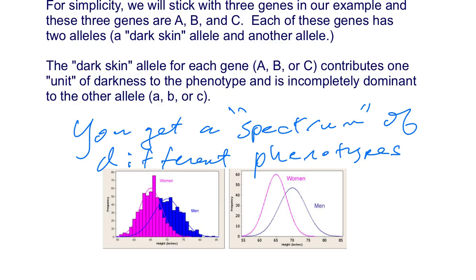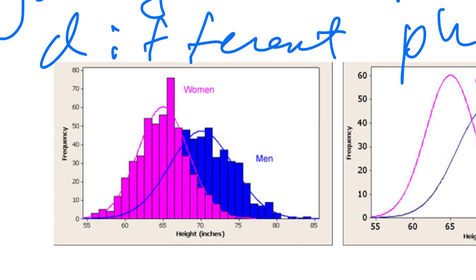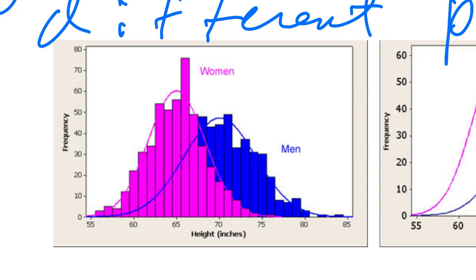the heights across the population. So, for example, let's look at this curve. The women. Okay, there's only a few really short women. Then most women are right around 65 inches tall in the population.